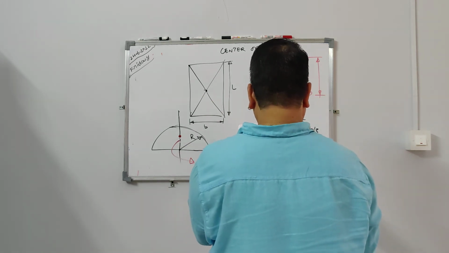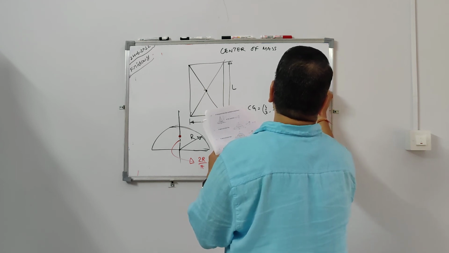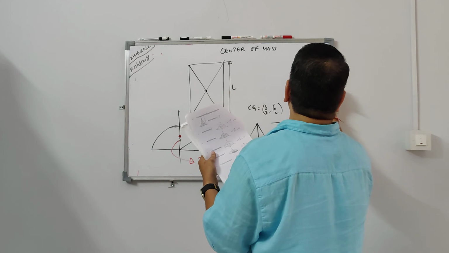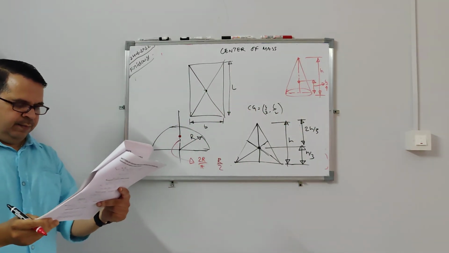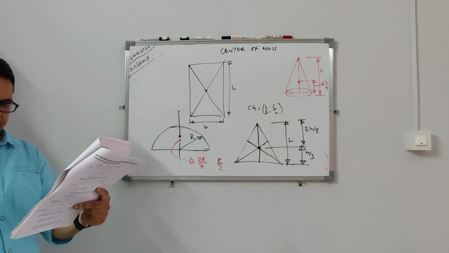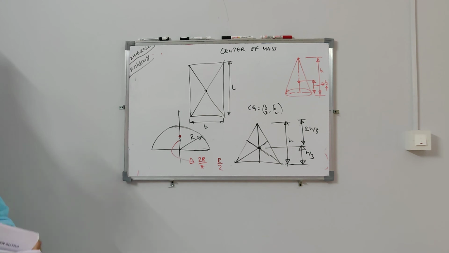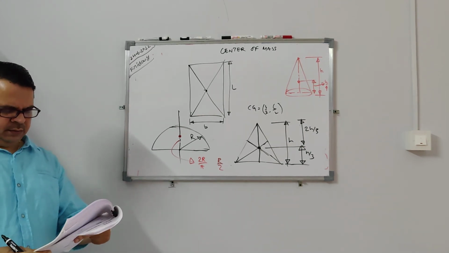The distance of this CG will be h by 4. So if this is h, this is h by 4. Just remember, for a solid cone it is h by 4. For a hollow cone it is h by 3.